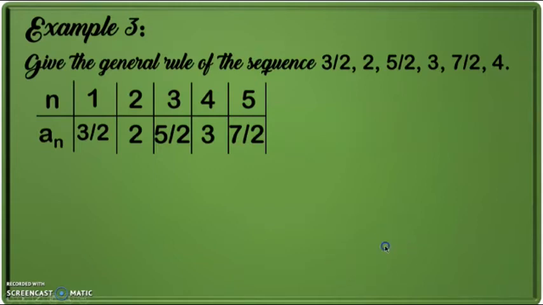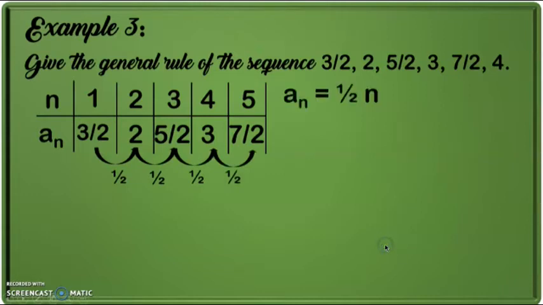So once again, subtract 2 minus 3 over 2, that is 1/2. So they have the same difference. So that is a sub n is equal to 1/2 times n.